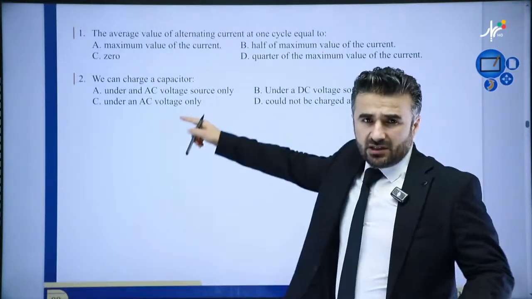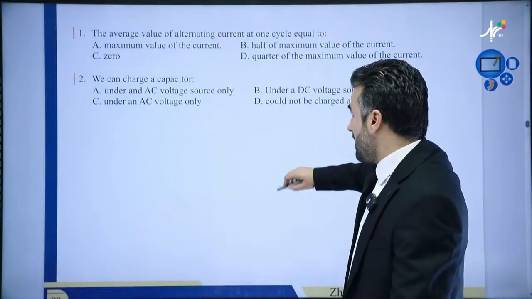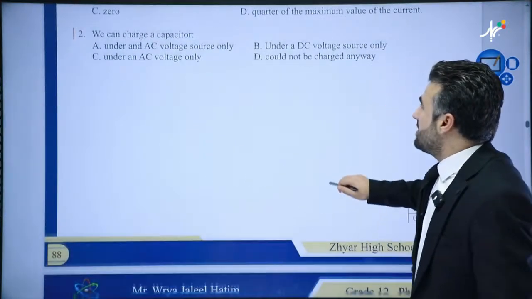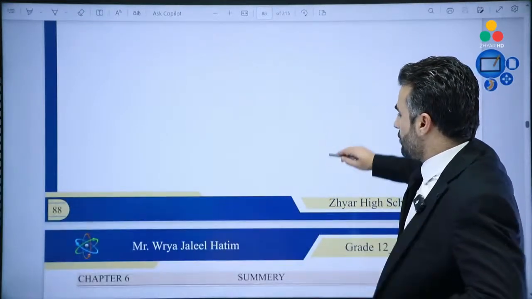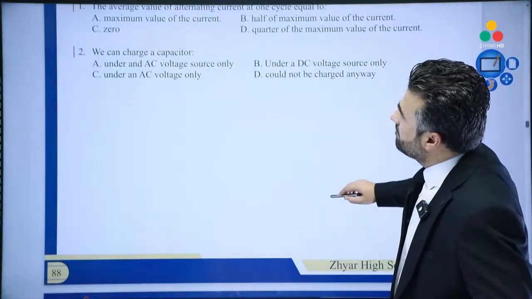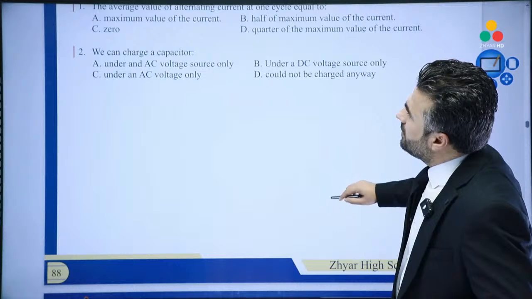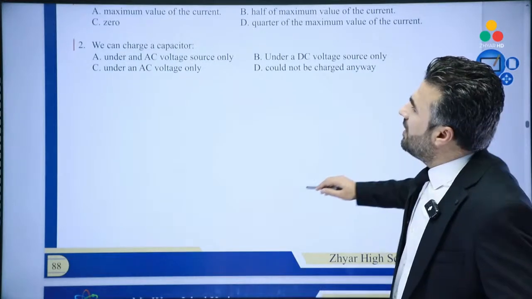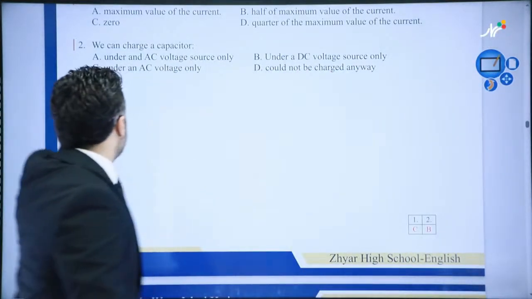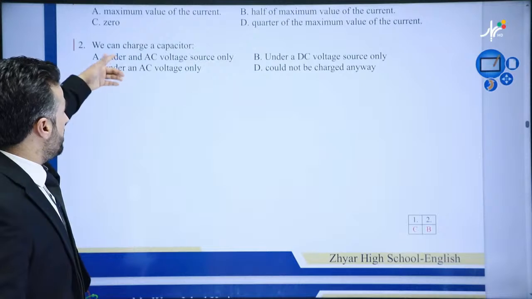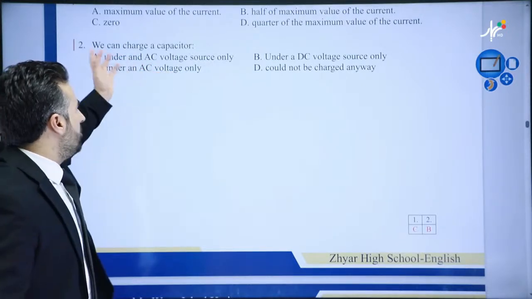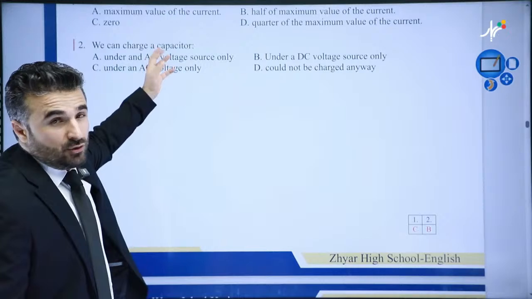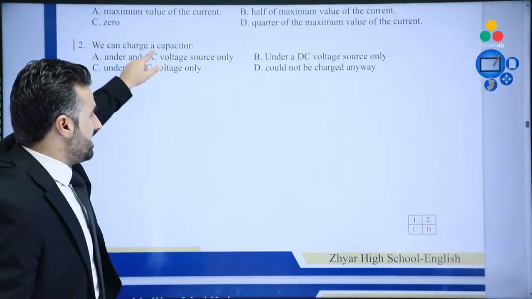By the way, a battery would also be a DC, that would also work there. So under a DC voltage source only. Perhaps there is something missing here. Perhaps they mean under AC and DC voltage source only, or could be battery and AC voltage only, but that would be incorrect because of the AC.